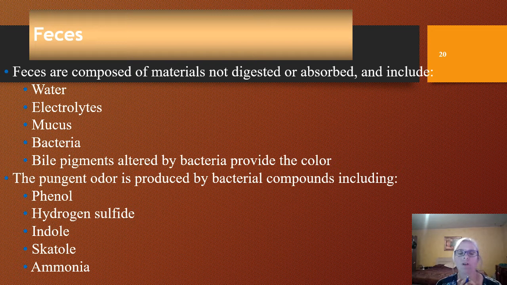It's going to have a pungent odor, sometimes, and that's often a byproduct of bacteria. Some of those products are hydrogen sulfide, which is that stinky gas. I say yellow, I was thinking of sulfur. Also indole and ammonia, and those are some smells that you are familiar with.